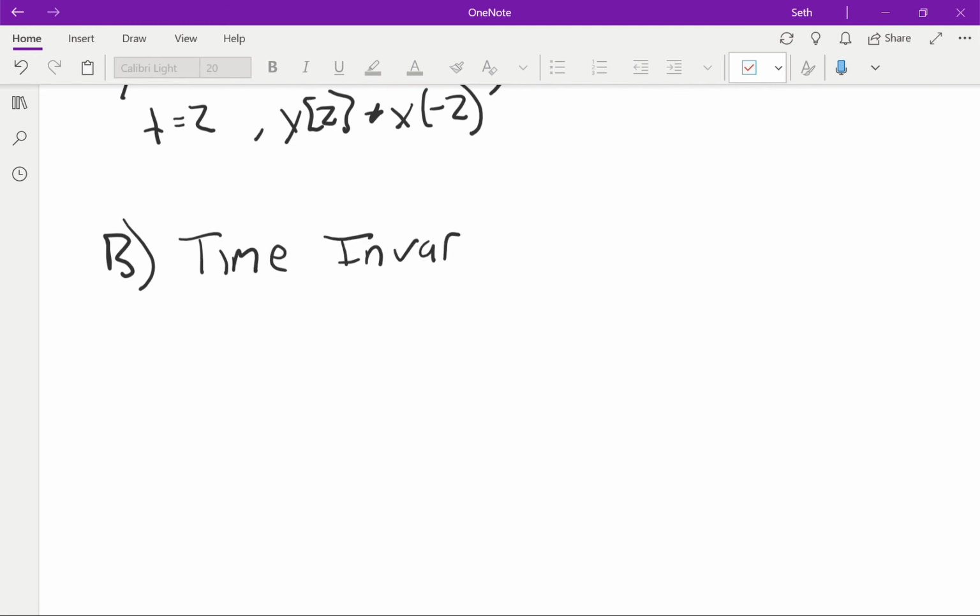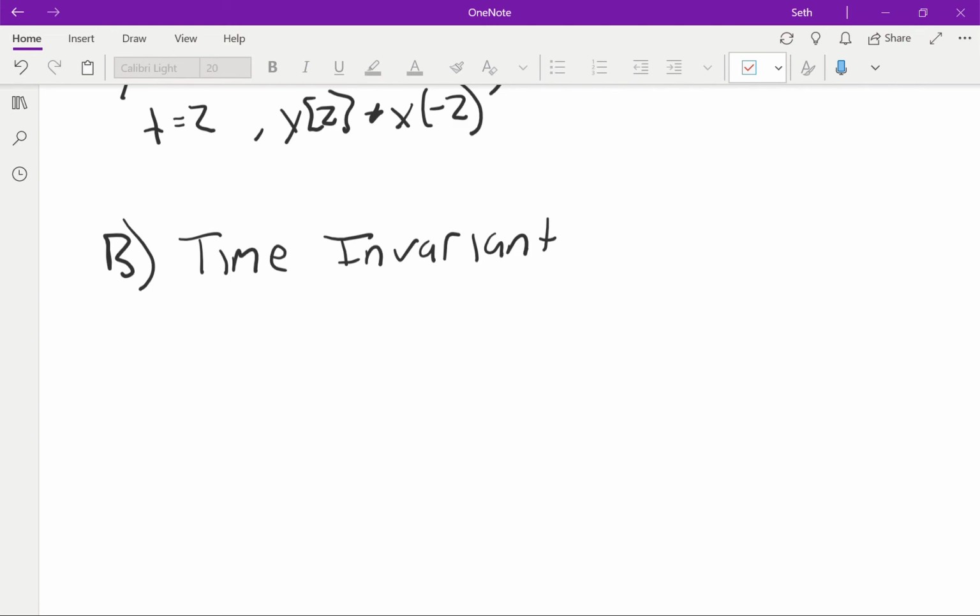Okay, so the condition for time invariance is that if we shift the input first and then put it into the system, we get some output that would be equal to if we put the input into the system and then shifted it. Those two should be equal if it's a time invariant system.